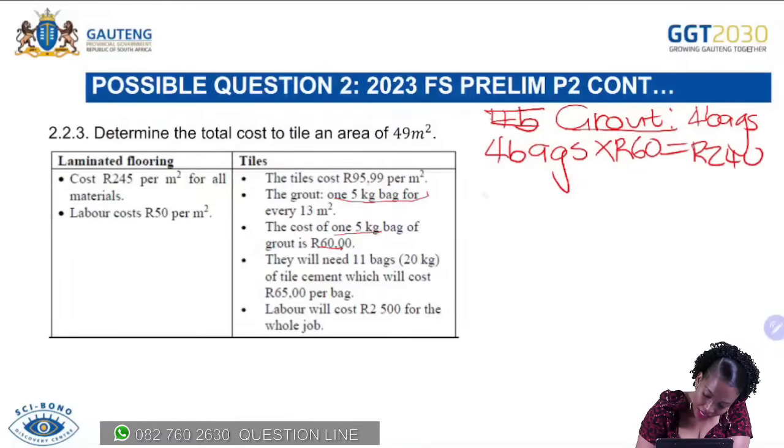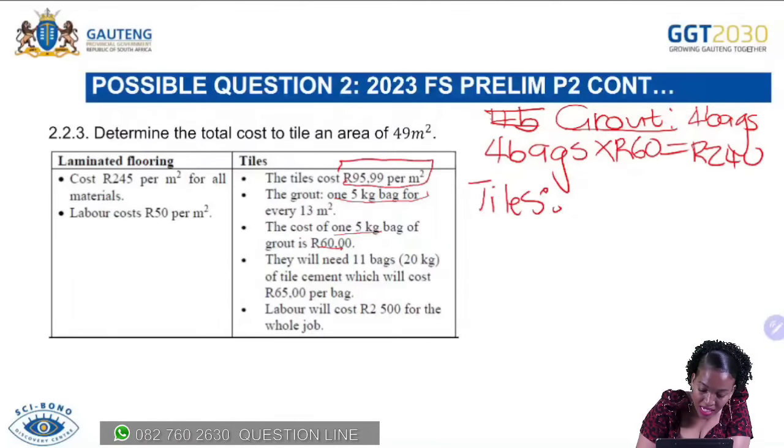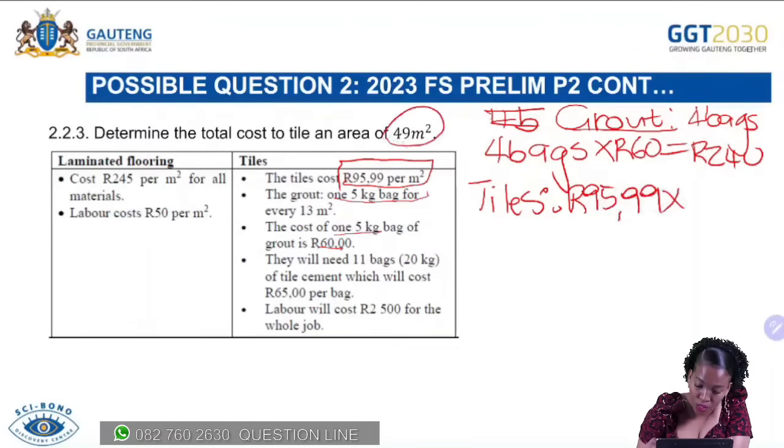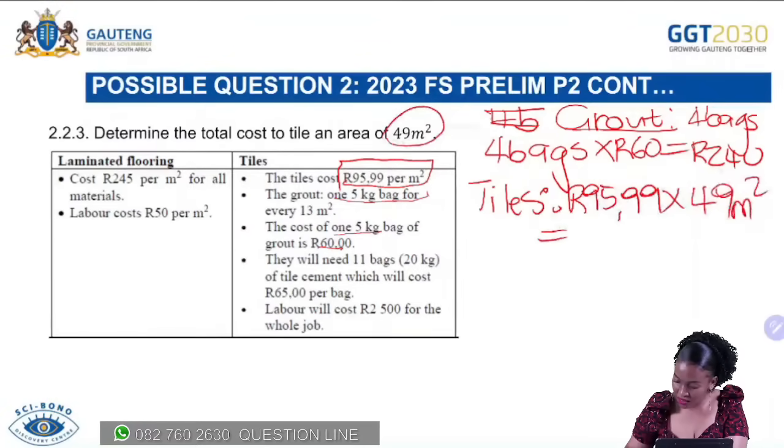And then for tiling, the cost for tiles, they are charging 95 rand 99 cents for 1 square meter. So you will say 95 rand 99 multiplied by how many square meters? 49 square meters. And then we multiply, 95.99 multiplied by 49.